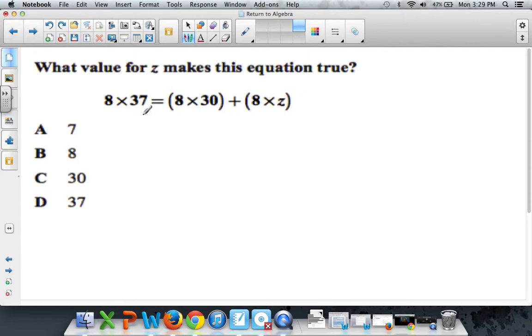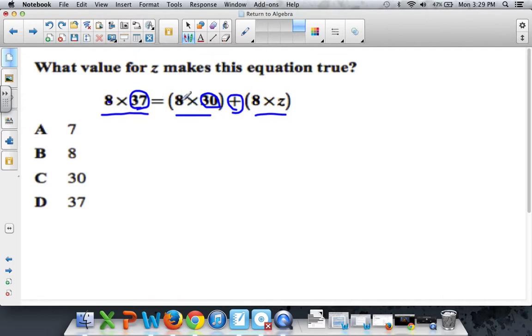What value for z makes this equation true? Well, this is similar to something we've done before. We have 8 times 37 on this side, 8 times 30 here, and 8 times z over there, with a little addition sign in between. Think about it. We need this to be the same as that. That 30 is not quite 37. Everything else matches though.